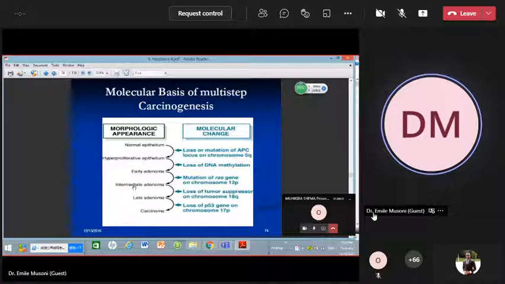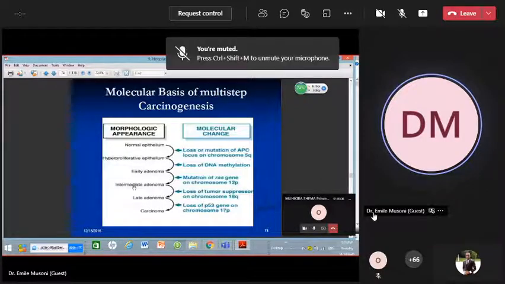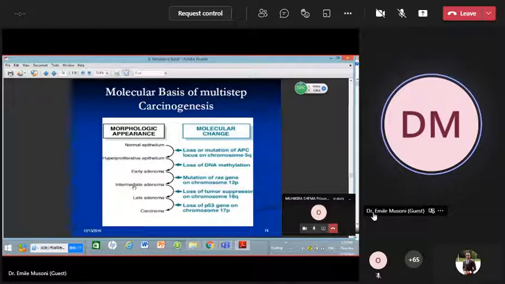In normal epithelium, there will be loss or mutation of the APC gene, located on chromosome 5. In the case of hyperproliferative epithelium in the early adenoma, there is also loss of DNA methylation. Then from the adenoma to carcinoma, there is mutation of RAS genes on chromosome 12, loss of suppressor genes on chromosome 18, and then loss of p53 genes on chromosome 17.